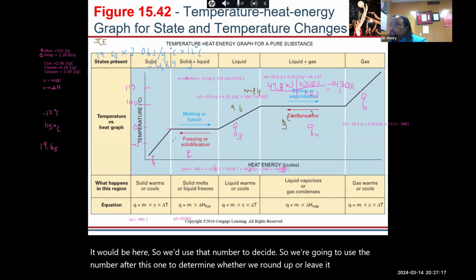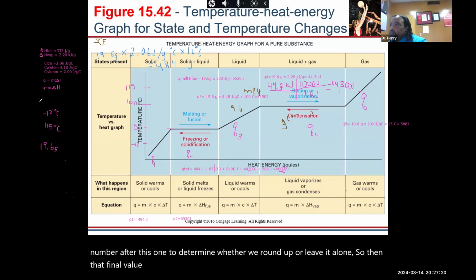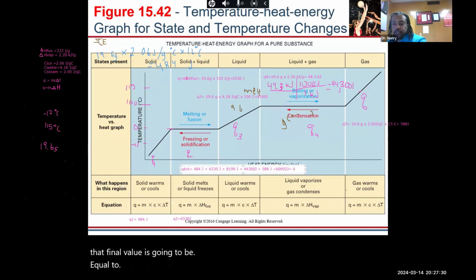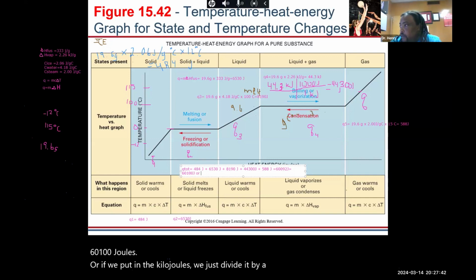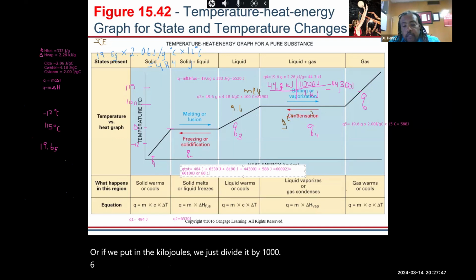So the final value is going to equal 60,100 joules. Or in kilojoules, we just divide by 1,000: 60.1 kilojoules. Okay. Questions?